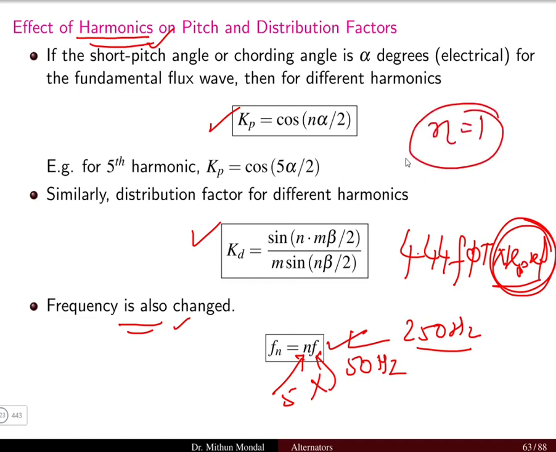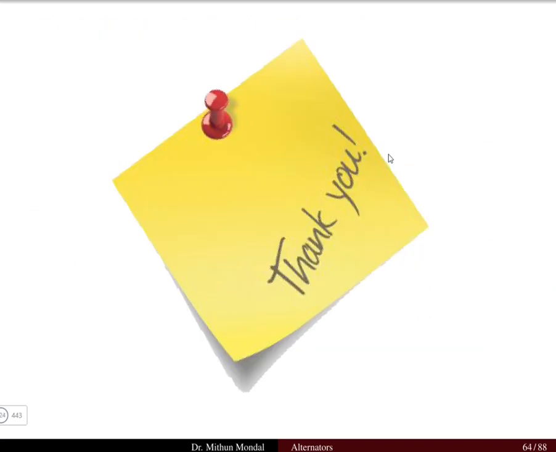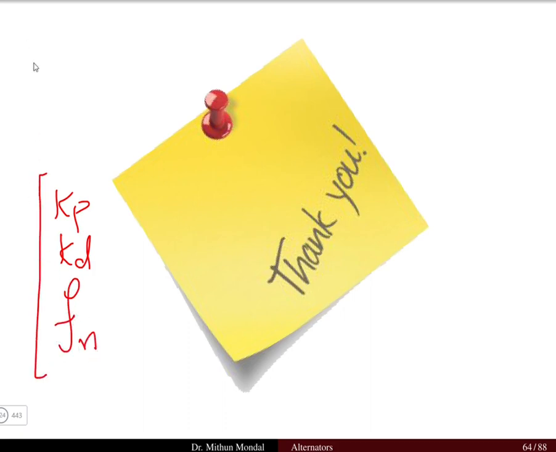So this equation gives the induced EMF of the alternator, where we have to update three terms: the value of Kp, the value of Kd and the frequency Fn. We have to update these three terms to find the induced EMF per phase, and note that this is the RMS value of the induced EMF. Thank you for now and see you in the next lecture.